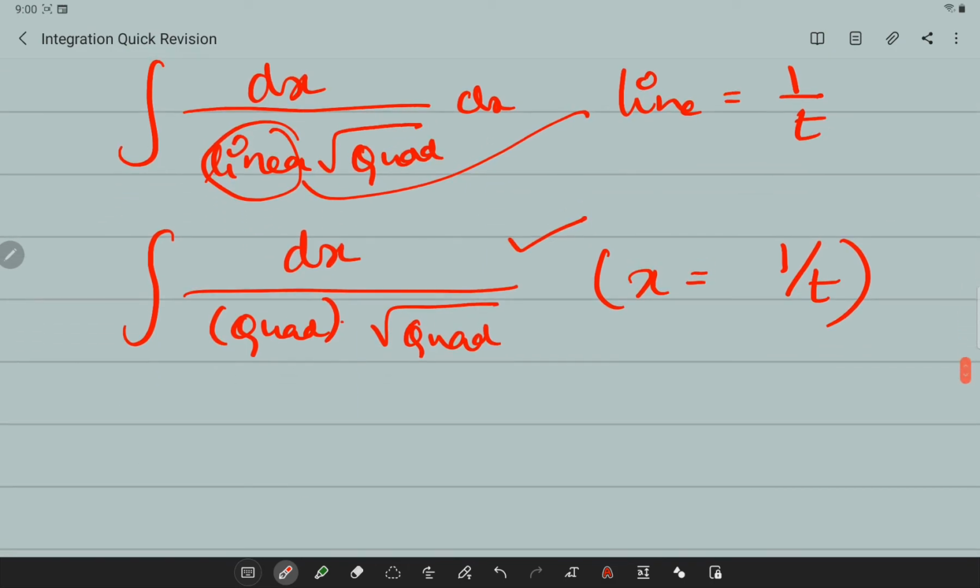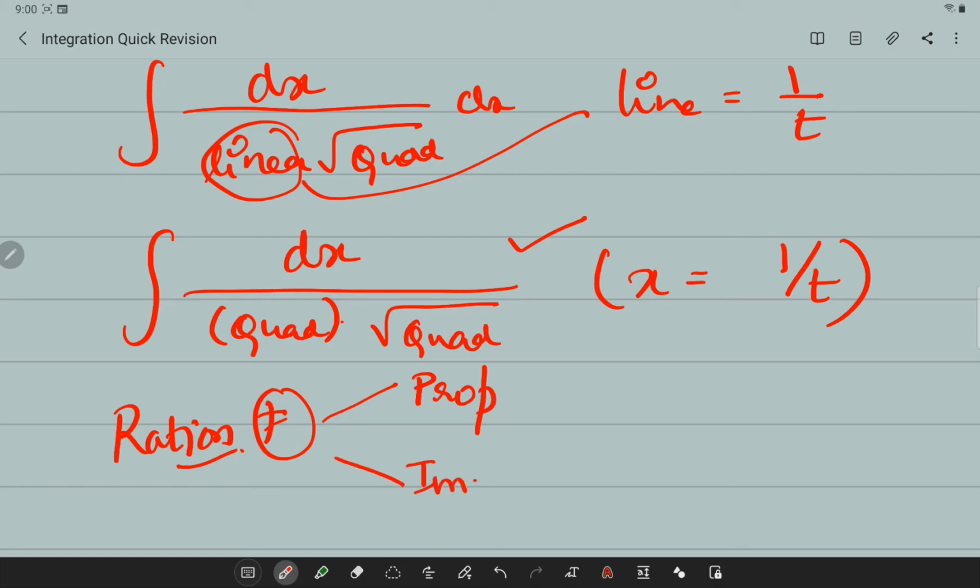Next comes your rational functions. The rational functions can be proper in nature and improper in nature. So the functions will be in the form of f of x divided by g of x, where g of x must not be equal to 0.